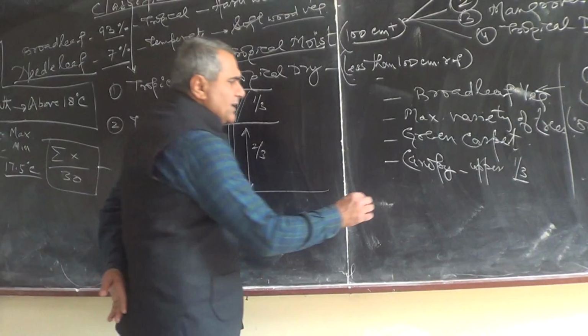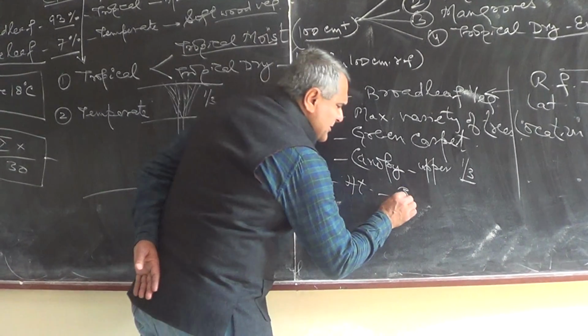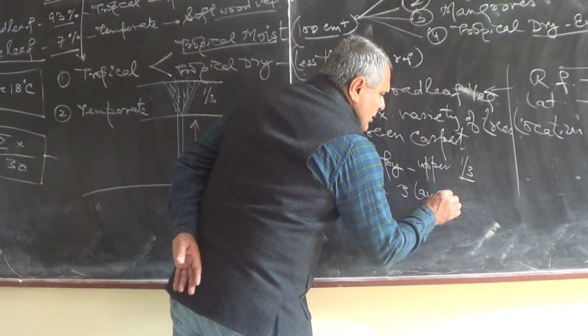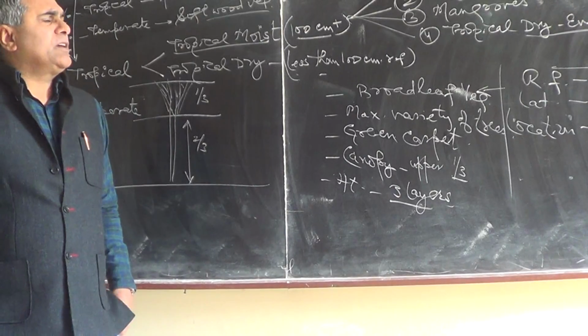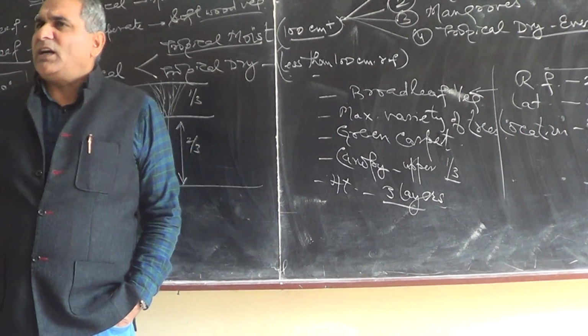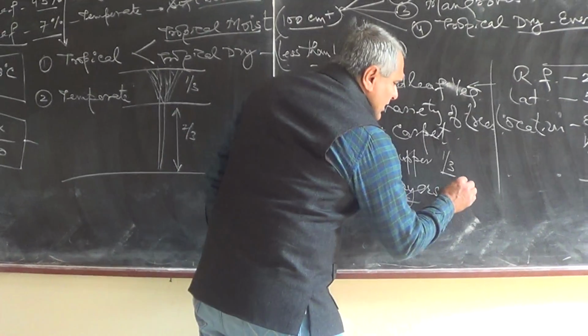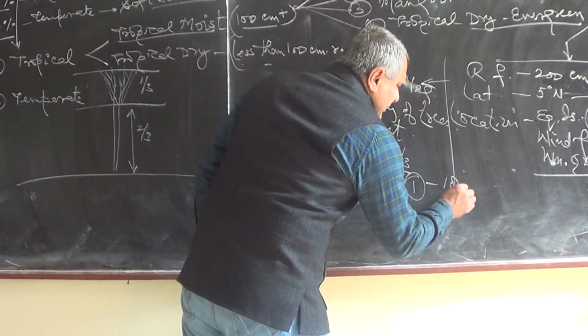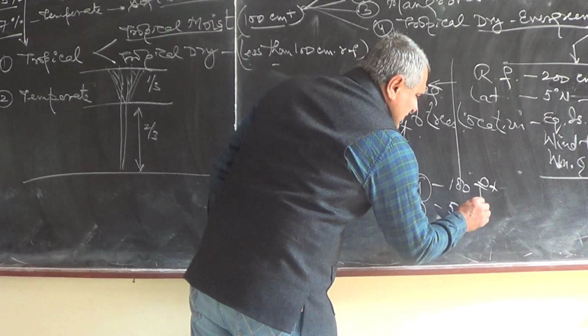So height is, so they have 3 layers. All tropical evergreen rainforest in India have 3 layers. Layer 1 is up to 100 feet. Layer 2 is up to 50 feet.